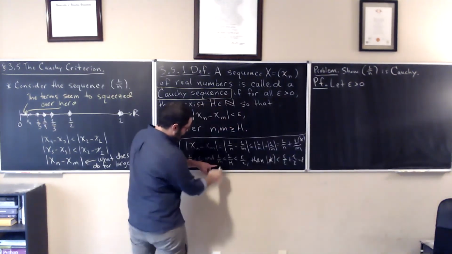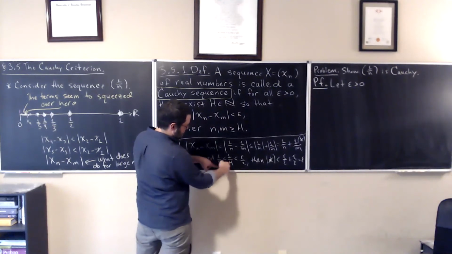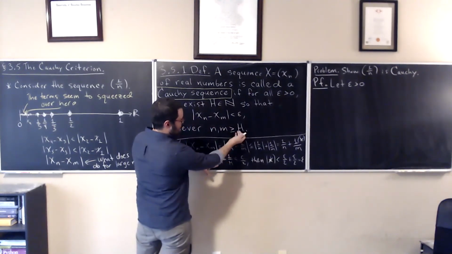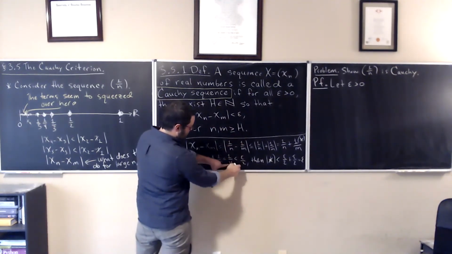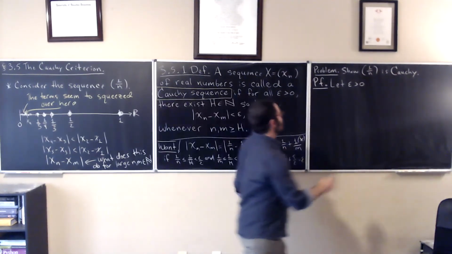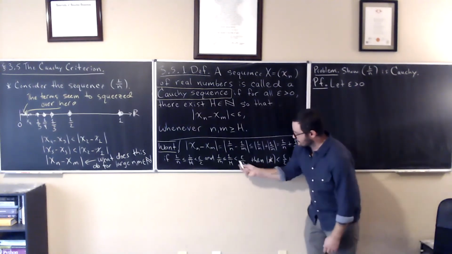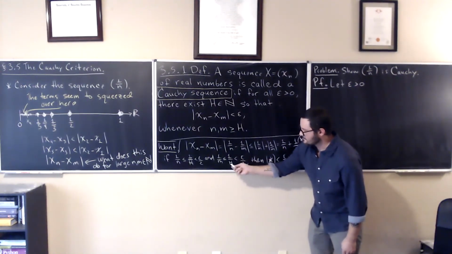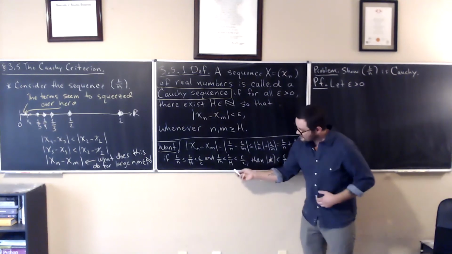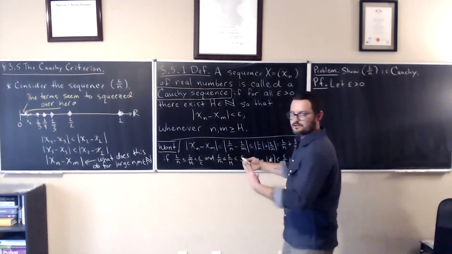If m is greater than or equal to h, then this is true. That's that part. So what I want is h to be greater than 2 over epsilon. If I multiply both sides by 2 and divide by epsilon, multiply both sides by h, I'll have my choice of that cutoff h.